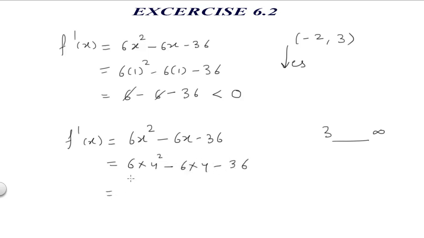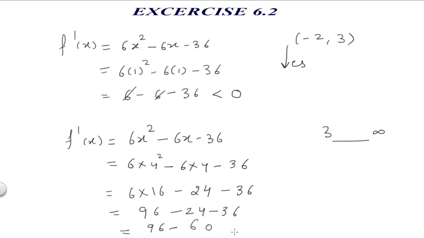What we get? 6 into 16 minus 6 4s are 24 minus 36. We will get it as 96 minus 24 minus 36. Solving it, we get 96 minus 36 and 24, we get 36. Then the answer will be greater than 0. Hence in the interval 3 to infinity the function is increasing.